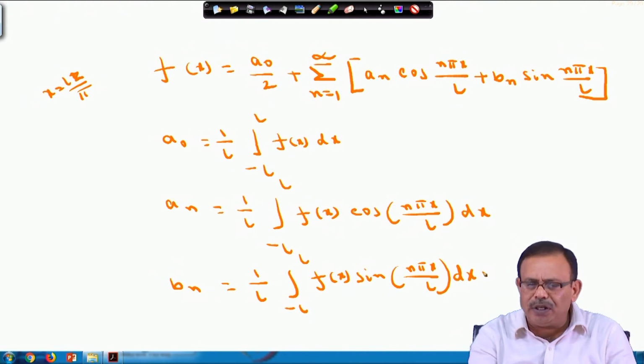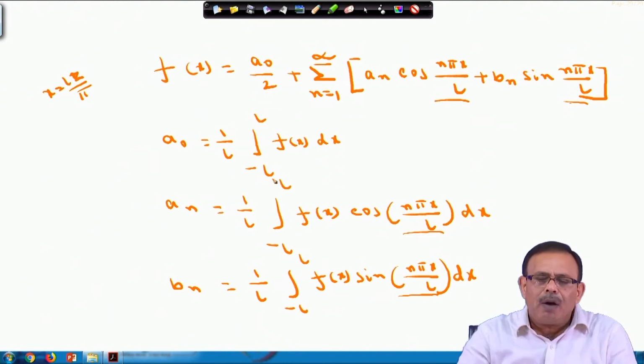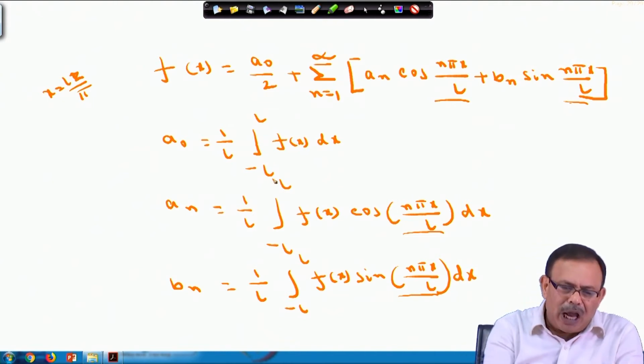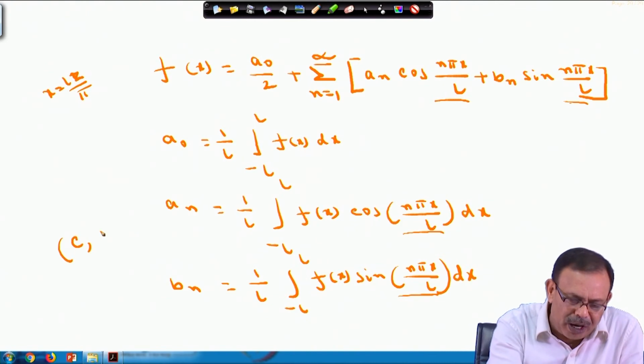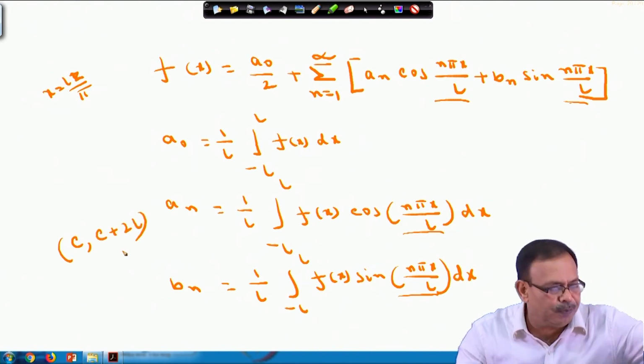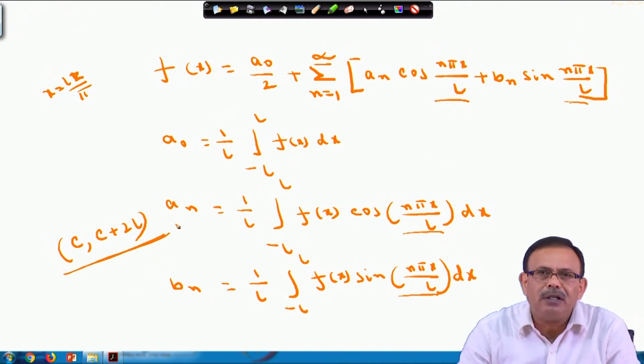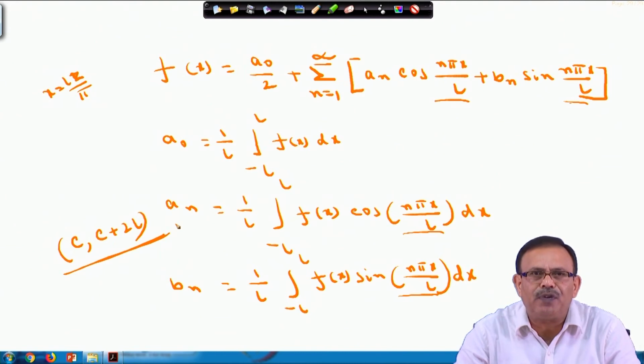So, the only change is coming here, where the limits are being changed from minus L to L, and this will be true from C to C plus 2L, I can write down. This formula is true whenever I take any function f(x) which is defined in C to C plus 2L.